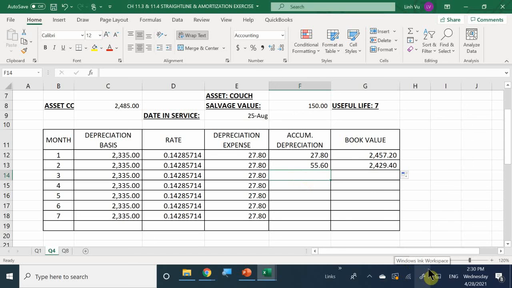What's the accumulated depreciation for the third year? 83.40. So therefore, my book value will be 24.01 and 60 cents. Perfect.